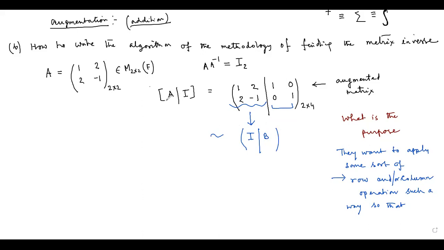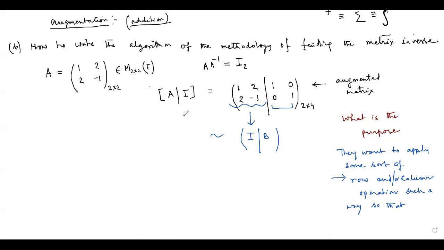So if you can bring the system AI into the system IB by doing row operation or column operation, or any valid operation, by which I mean, if row operation is required, then simply apply row operation. If column operation is applied, only apply column operation. Combination is actually not applied. Do it in such a manner that you can bring this structure into this structure.